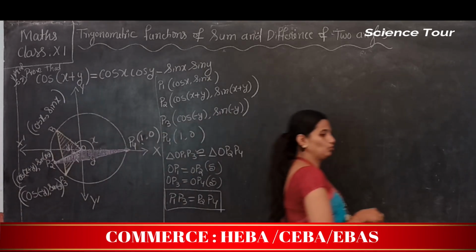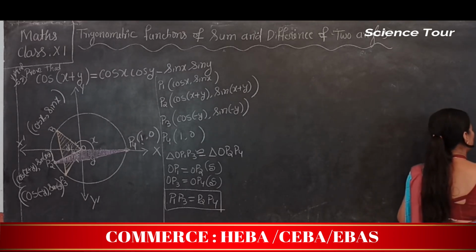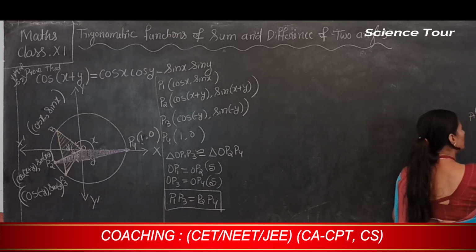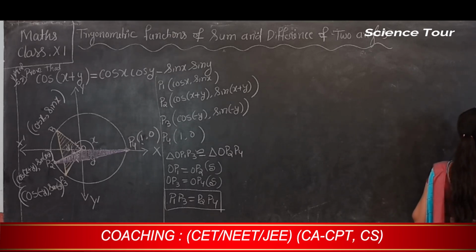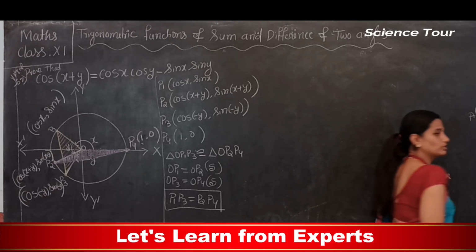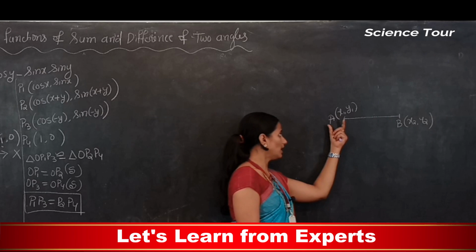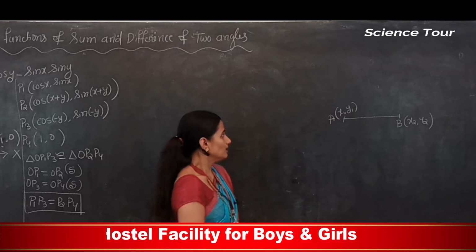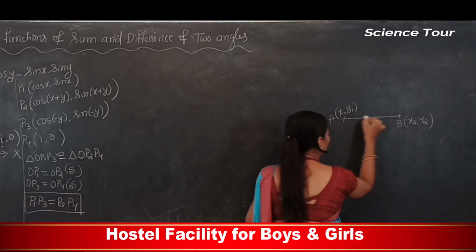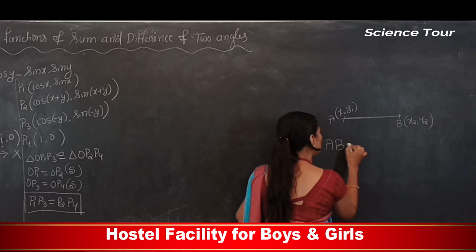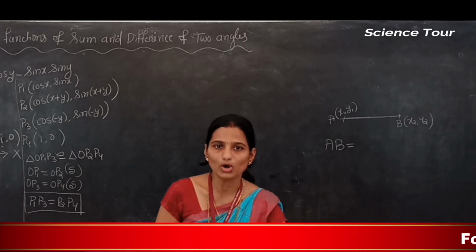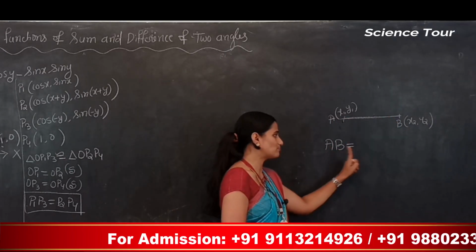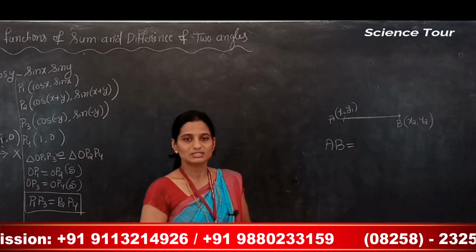So now I'll take two points, which you already know. Point A is x1, y1. Point B is x2, y2. Suppose I need AB. AB means the distance between those two points.